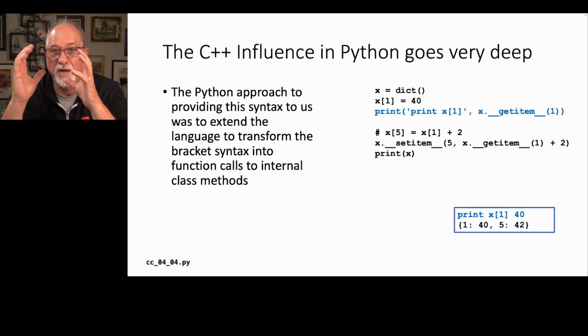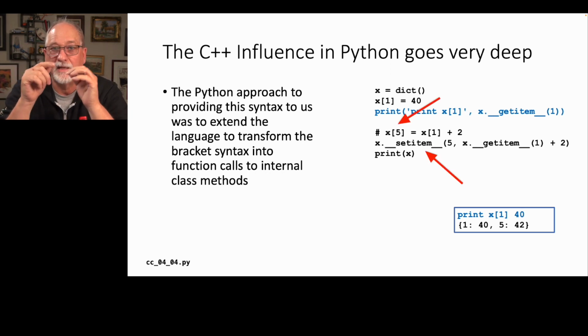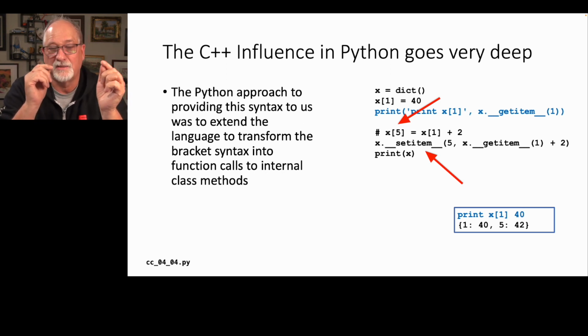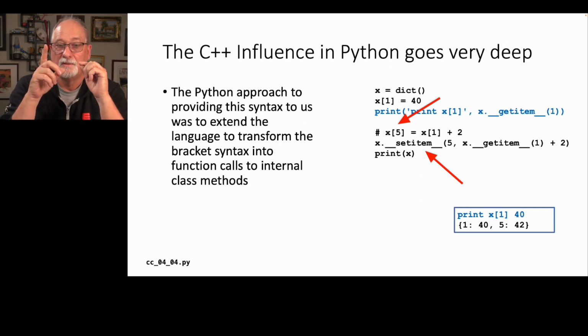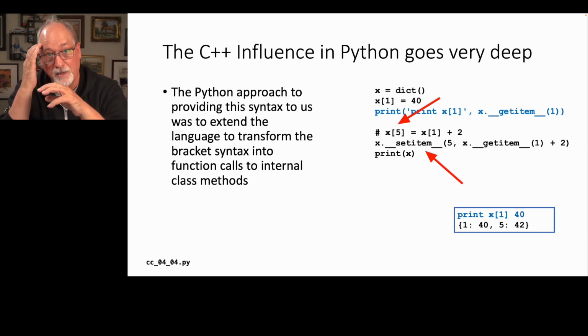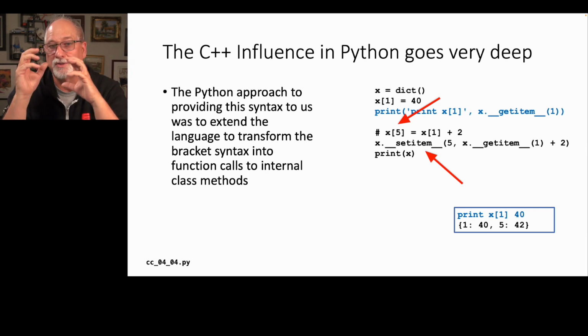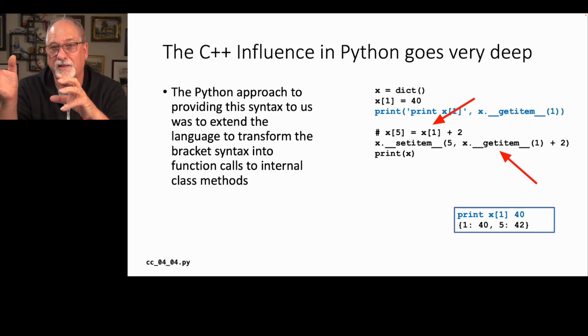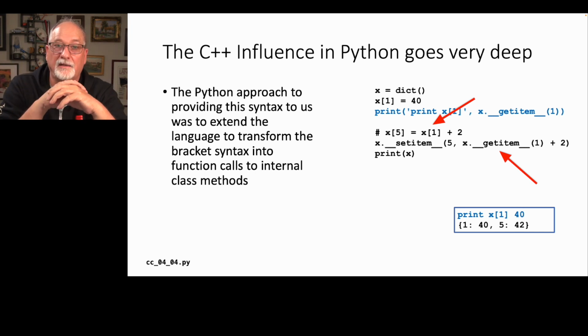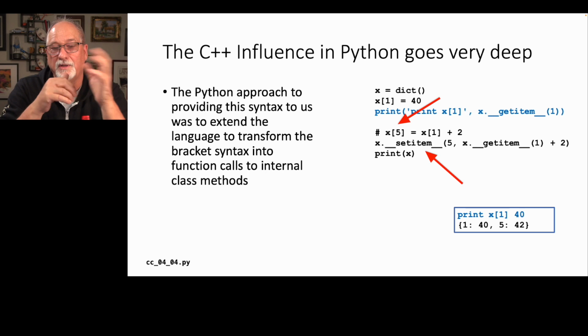But then that expression is passed into X.setItem in position 5. So the left-hand side of the assignment statement, the X sub 5 equals part, is calling setItem. If it's doing a square bracket lookup on the right-hand side, it's calling getItem. And if it's doing a square bracket on the left-hand side of an assignment statement, it's doing a setItem.